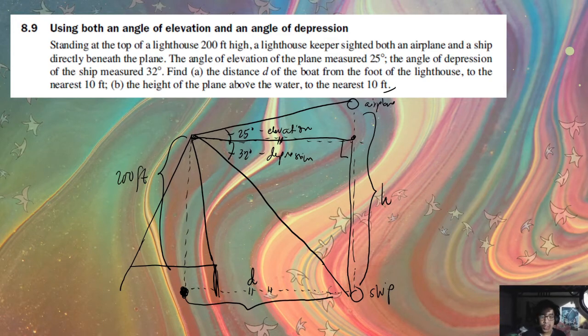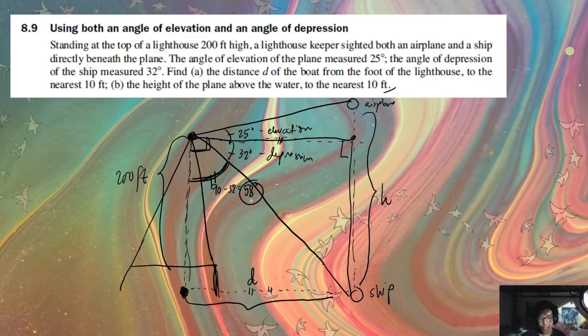To solve this problem, we can say that this forms a 90-degree angle. Since that forms a right angle, we can find the measurement of this other angle: 90 minus 32, which is equal to 58 degrees.